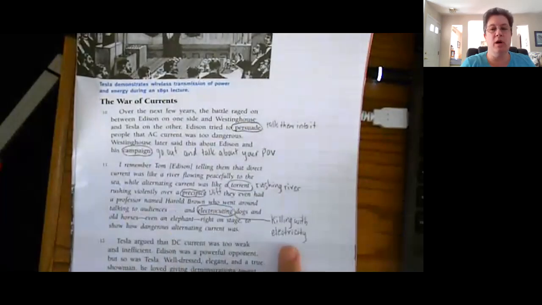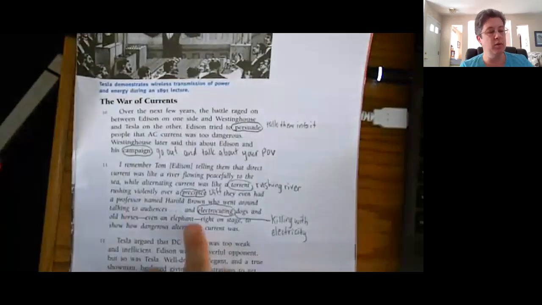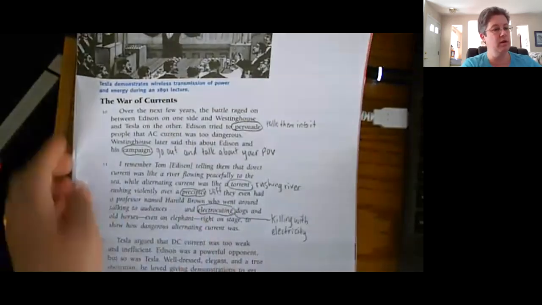It's what your parents would always say to you if you tried to stick anything into a wall socket. Don't put that spoon or fork in there or you'll electrocute yourself. So this professor named Harold Brown would do that right in front of people to try and scare them about the use of alternating current.